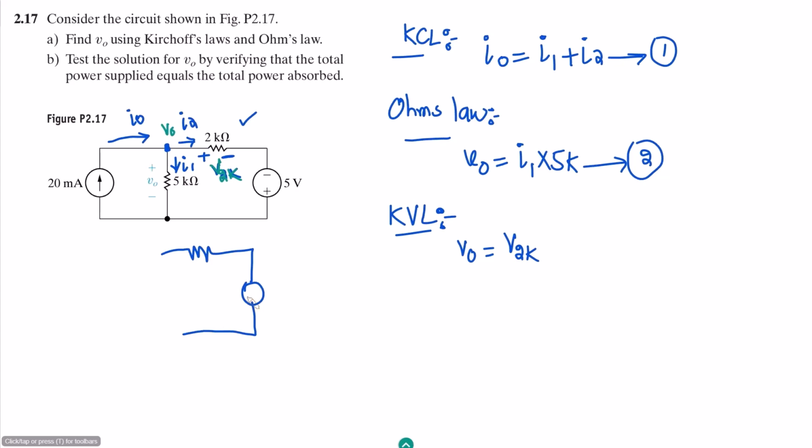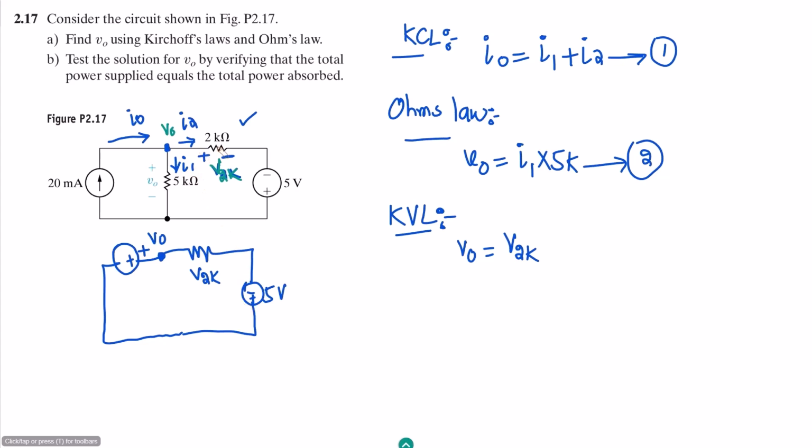Here we have minus plus 5 volts, V2K and V naught. The V naught here is positive, meaning it is connected to the positive terminal while this is the negative terminal. We can also represent it as plus minus, which has the same polarity as this one.